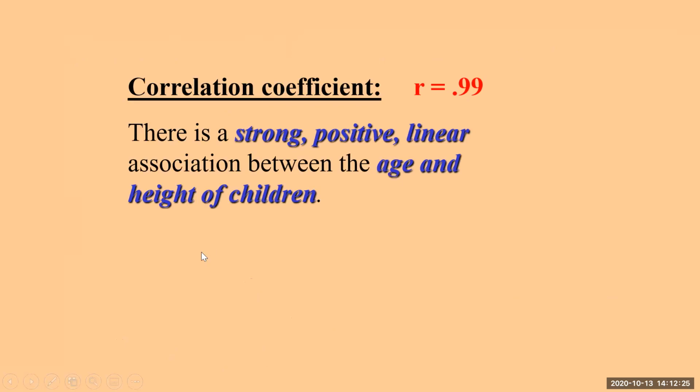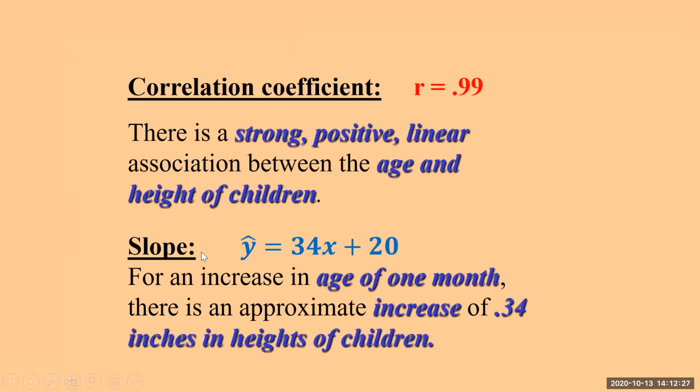Age and height of children. And how do we interpret slope? Well, this was our regression line. This should be 0.34. For an increase in age of 1 month, there is an approximate increase of 0.34 inches in height of children. So make sure that you relate it back to the problem by including age and height.